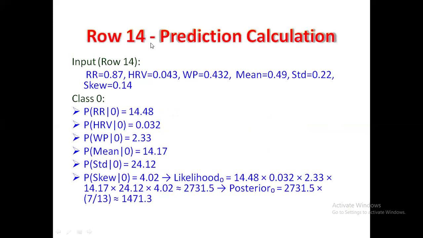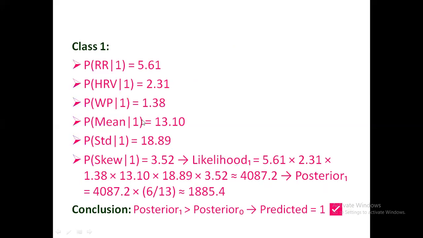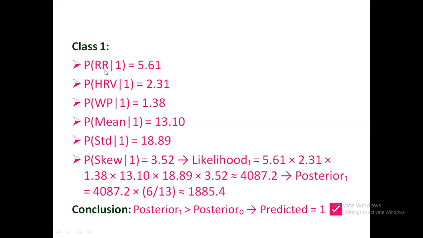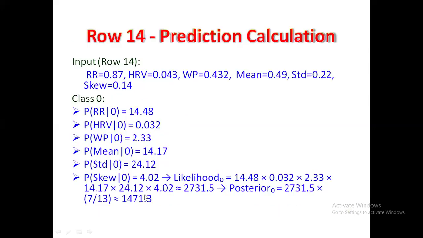In the same case, we have a detailed discussion. Whatever we have discussed, all the values we are going to take, and we are finding the likelihood values for class 0, and also for class 1. From this we come to the conclusion that the posterior 0 value is 1885.4 and the posterior 1 value is 1471.